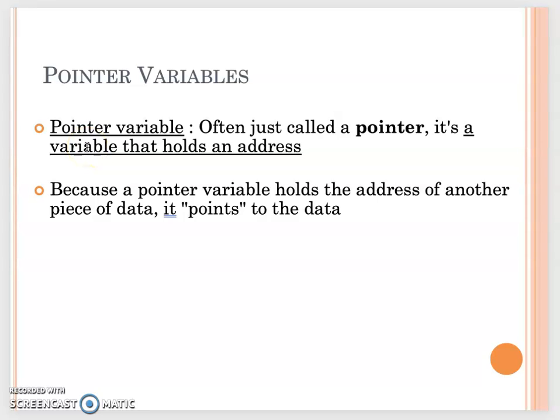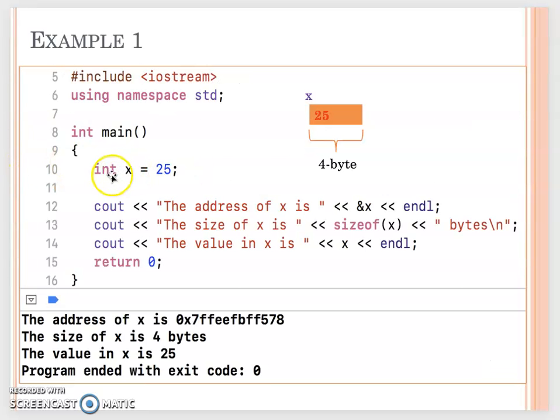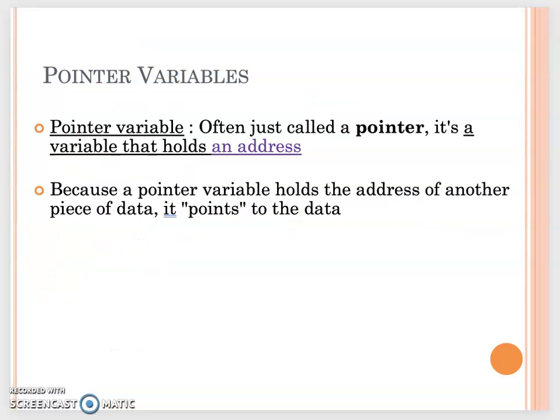It is still a variable, but it is a pointer variable because it always holds an address. So whenever we have a variable like int x, we read it by value. But if I define a pointer variable, I read it by the address. A pointer variable holds the address of another piece of data. It points to the data.